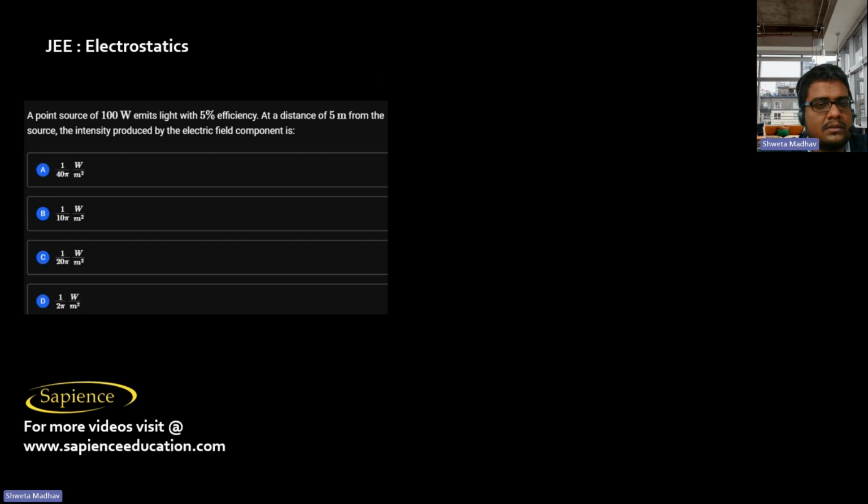Here it is told that a point source of 100 watt emits light with 5% efficiency.